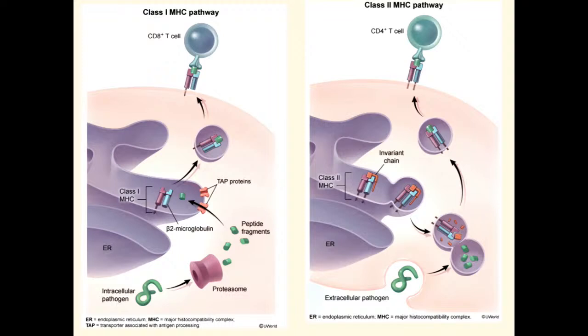But after there is some antigen in the cell, the invariant chain will be destroyed, so it comes out from its blocking area, and on the MHC2 there will be presentation of antigens on the surface that will be recognized by CD4 T cells.